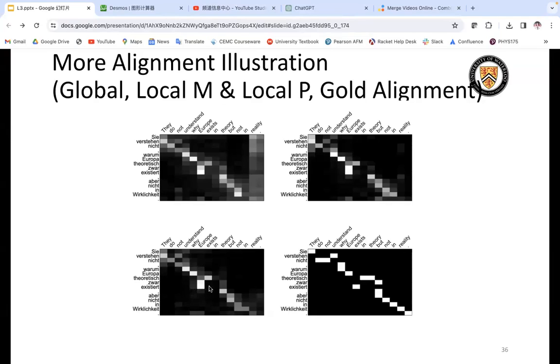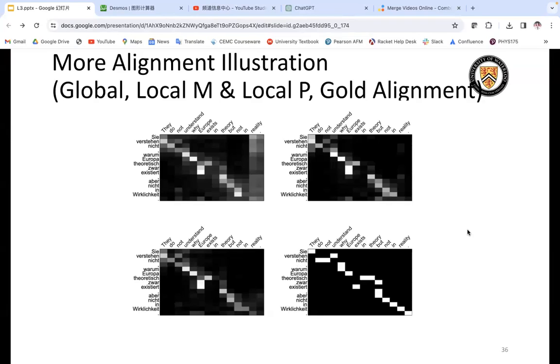And here is the local P attention, which uses some neural network to predict the position.